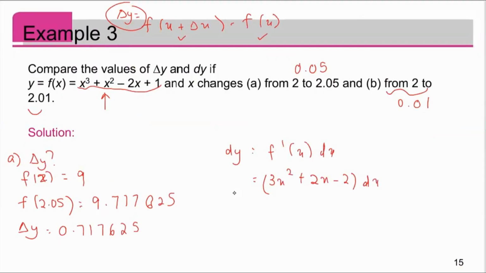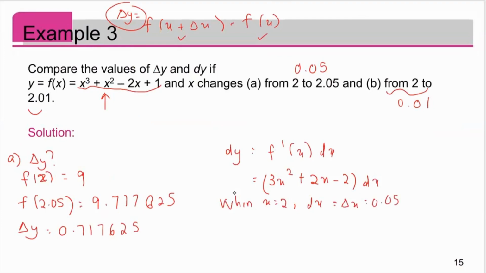Actually, for both A and B, we use this formula, just that the value for dx is different. For case A, we have 0.05. For case B, we have 0.01. So here, we have to consider the point that we want to compute when x equal to 2 and dx, or delta x, equal to 0.05.